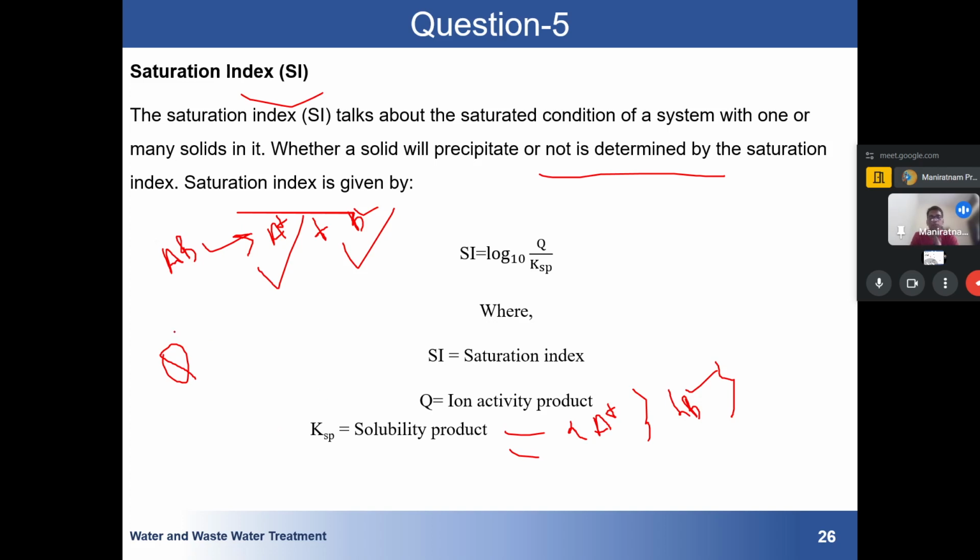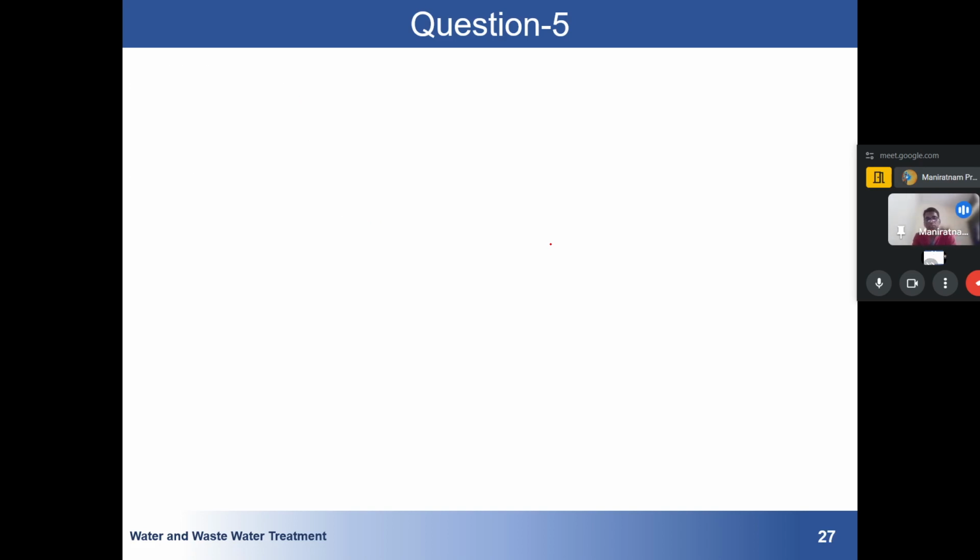But when the system is not at equilibrium, it will have some concentration, and we define one term, Q, known as the ion activity product, which is the product of the concentrations of A and B. KSP is constant for any solid, but from Q you can find out how much salt you have to add to make your system saturated.